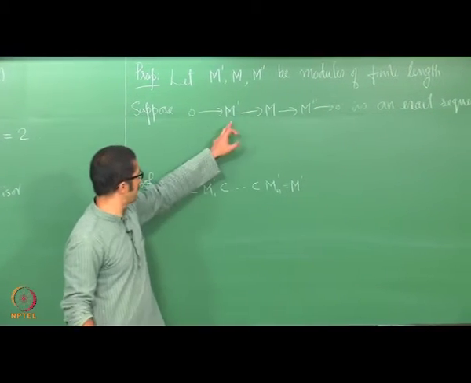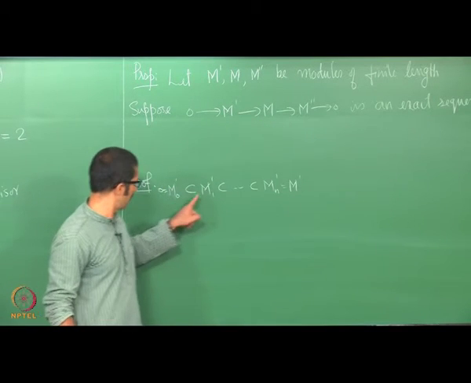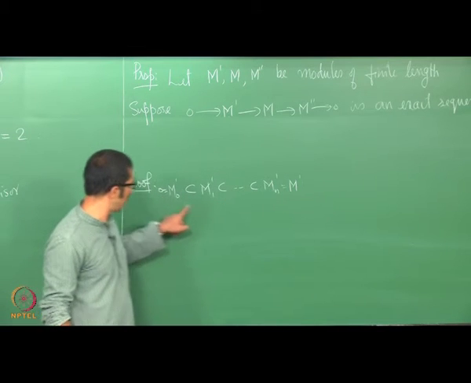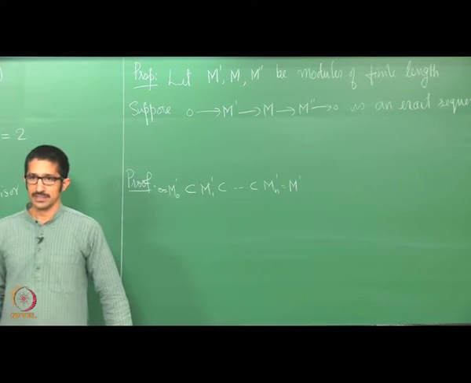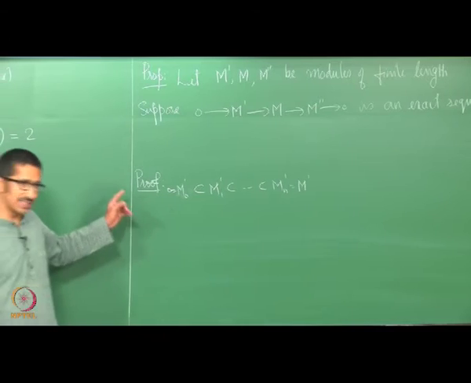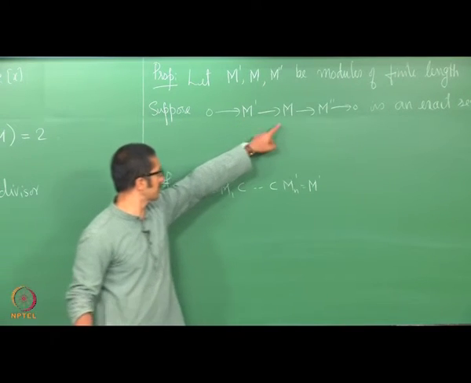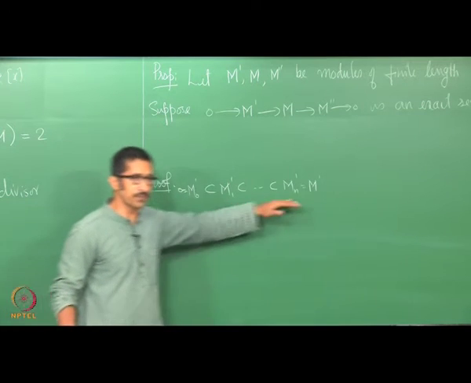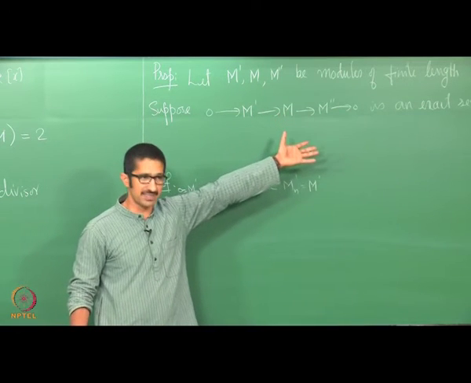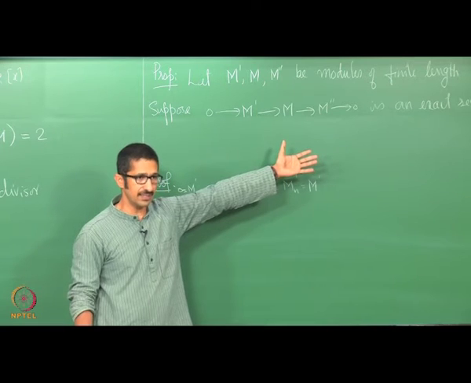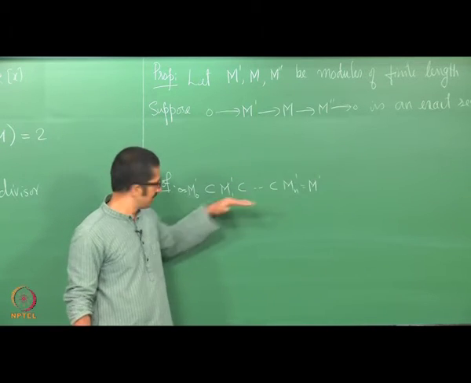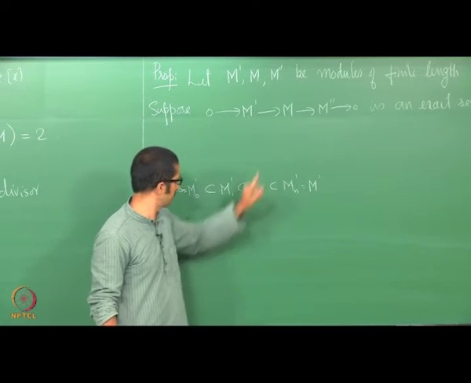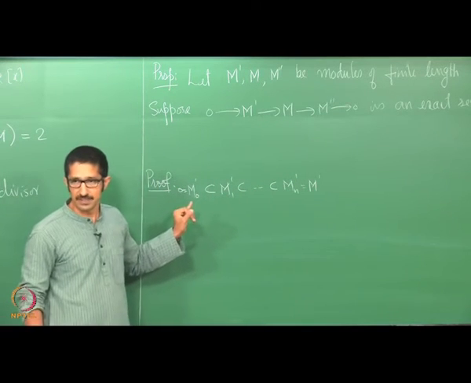Since M prime is a submodule of M, all these are submodules of M as well. So these will be a part of a composition series of M itself, because each of them is a submodule of M and each quotient is simple.